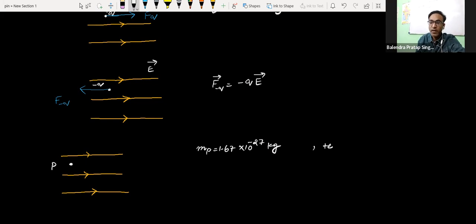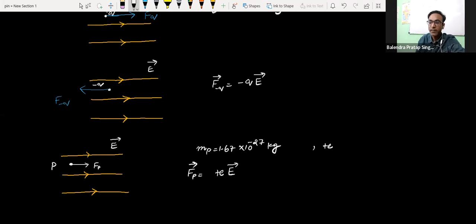When you put this proton in an external electric field E, the proton will experience a force along the direction of the electric field, F of P. That force is equal to the charge of the proton, plus e, times the electric field.